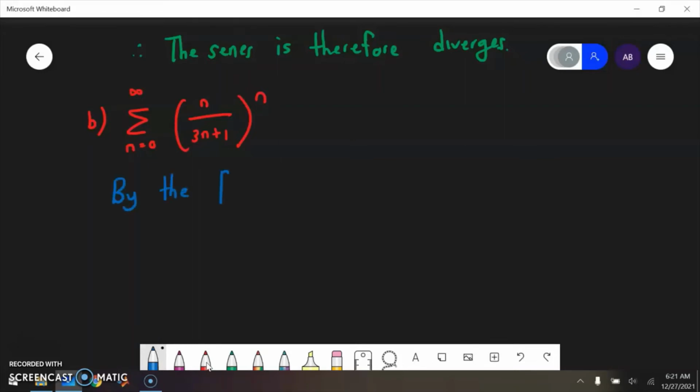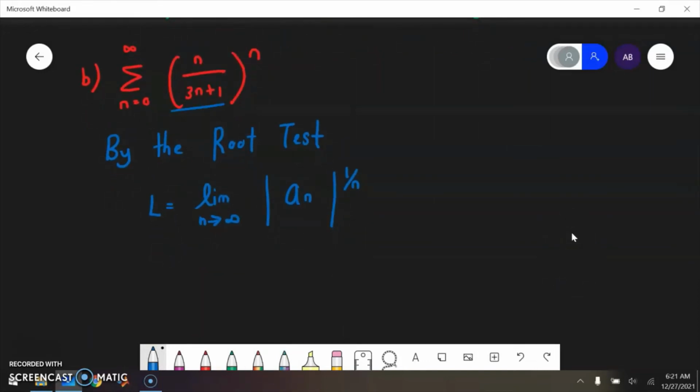By the root test, we have L equals the limit as n approaches infinity of a_n to the power of 1 over n. So obviously this is my a_n, so I have the limit as n approaches infinity of n over 3n plus 1, to the power of n, to the power of 1 over n.